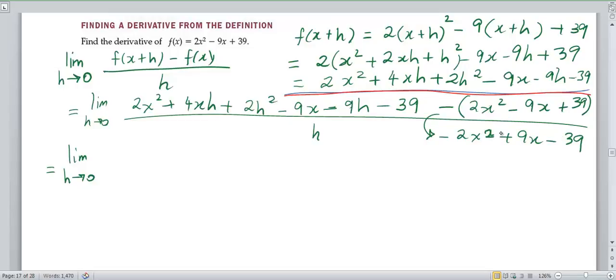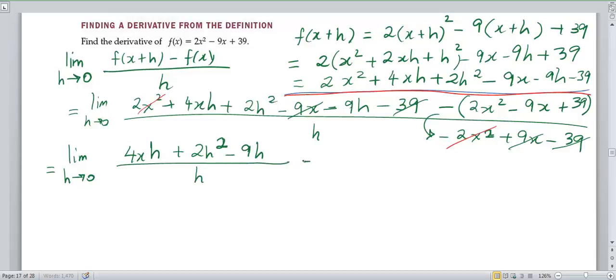So then the 2x squared minus 2x squared is gone. 4xh is remaining. 2h squared, there's another 2h squared. The 9x and minus 9x are gone. And then the 39 and minus 39 are gone. So you're left with 4xh plus 2h squared minus 9h, all over h.